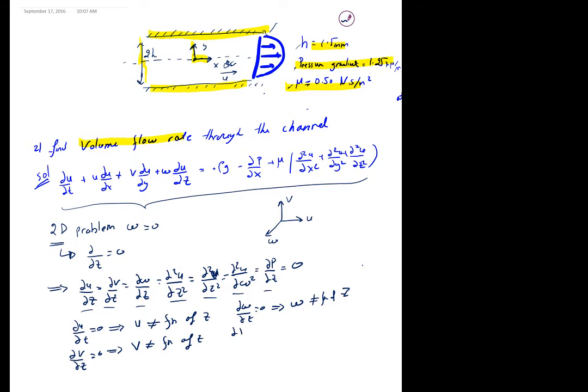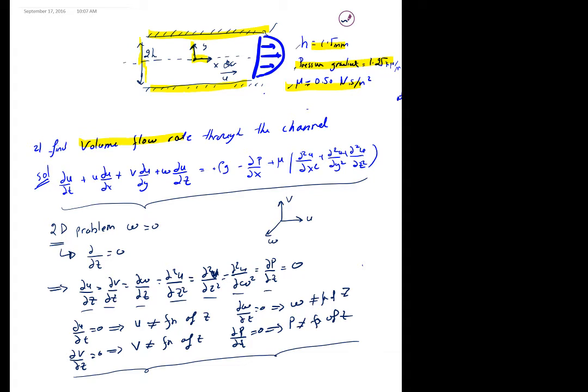And finally, dp by dz equal to 0 implies p is not a function of z. We did not start solving the problem yet. We're just stating what we know before we proceed, which makes our problem simpler.